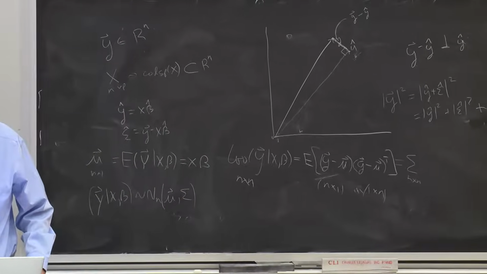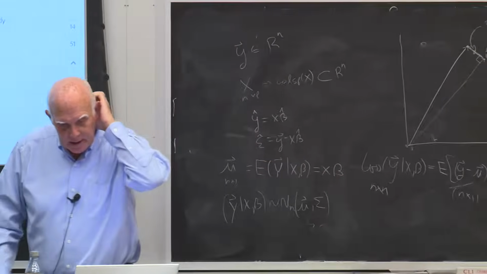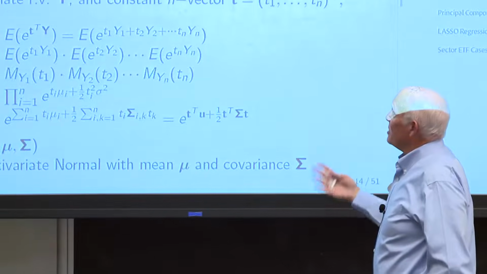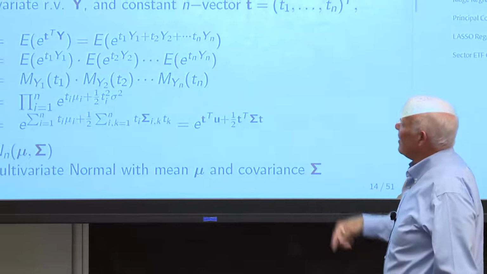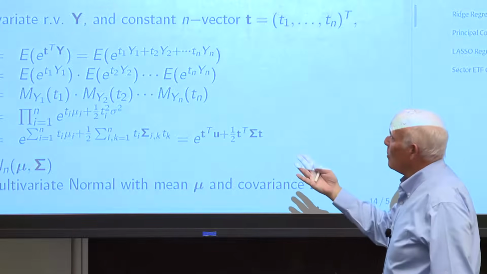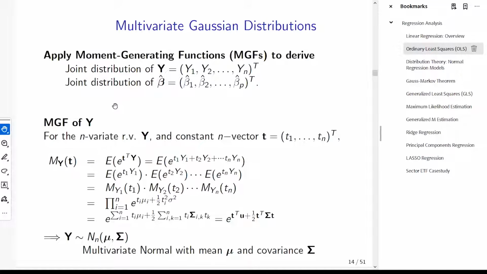Okay, well, what we're going to do is show results of what distribution the y vector is, as well as show what the distribution of the least squares estimate is using moment generating functions.